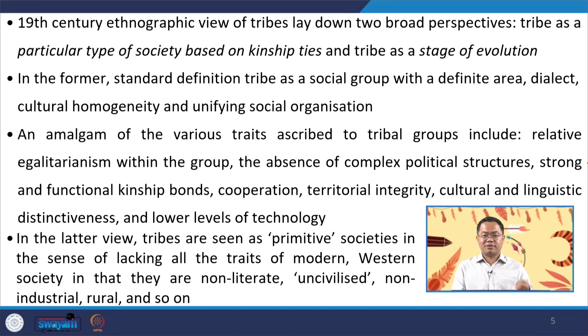Like I said, tribal communities lack literacy, they are uncivilized, uncultured, they are non-industrial, they are predominantly agrarian, and they are predominantly rural. So, basically tribal communities are understood in terms of what they do not have and the kind of things that they lack. In that sense, they are still living in a very, very primitive stage of life.